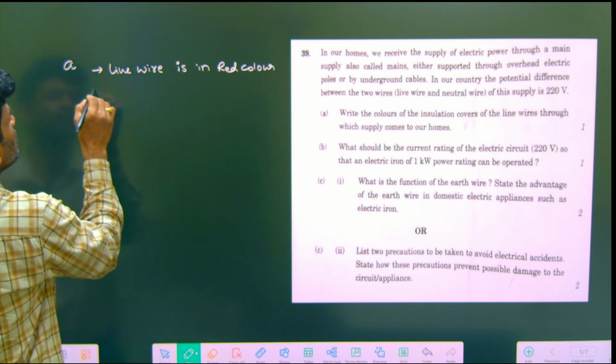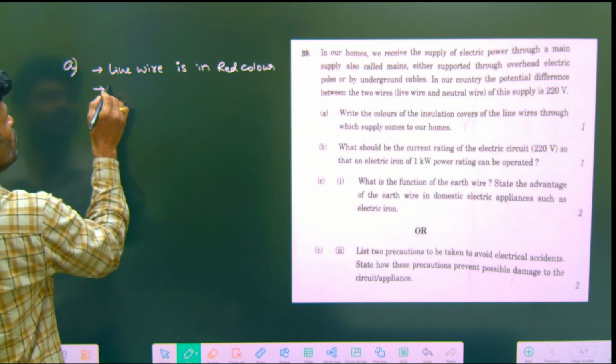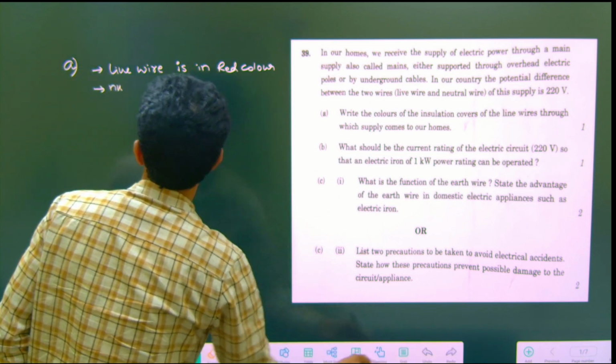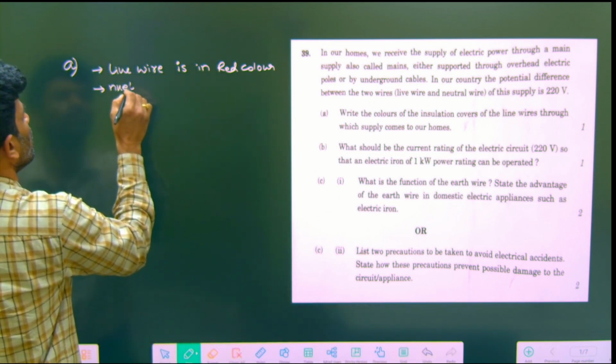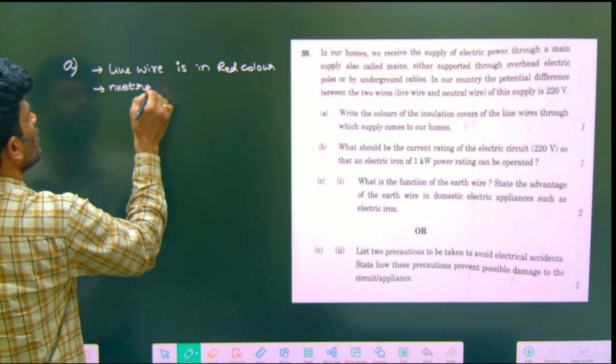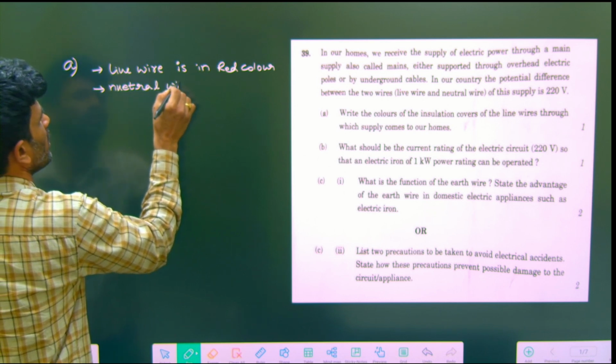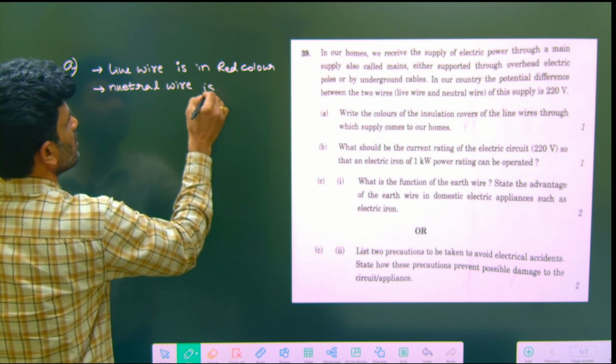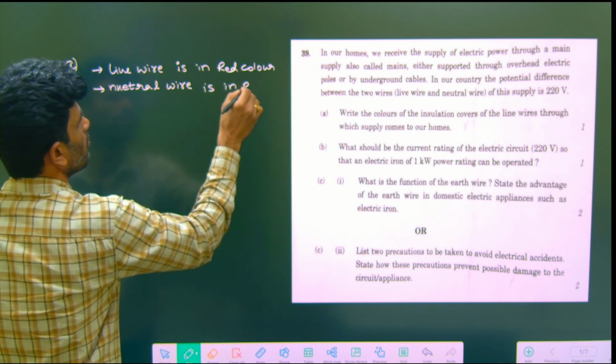One more, neutral wire. Neutral wire is in black color.